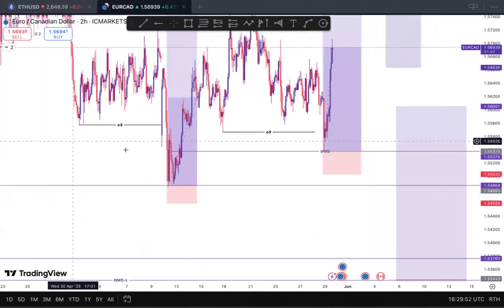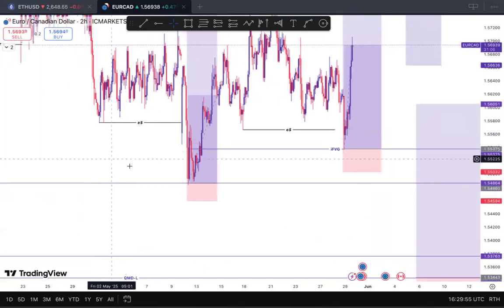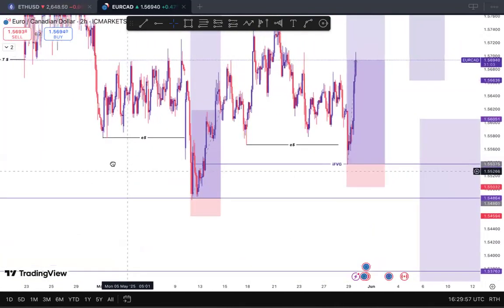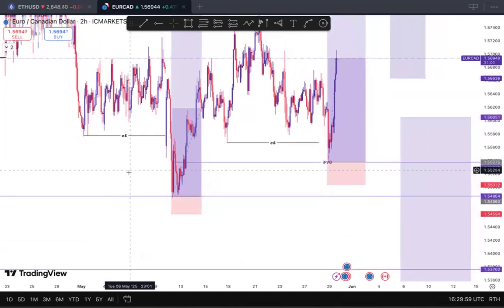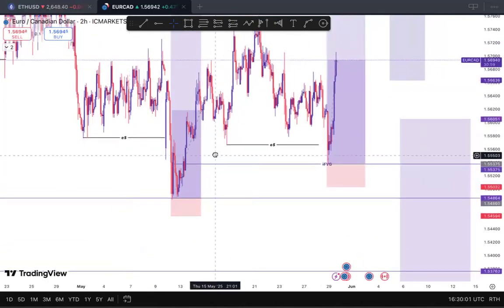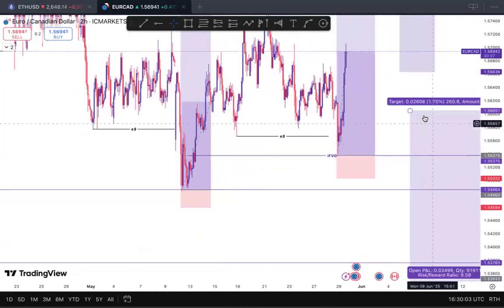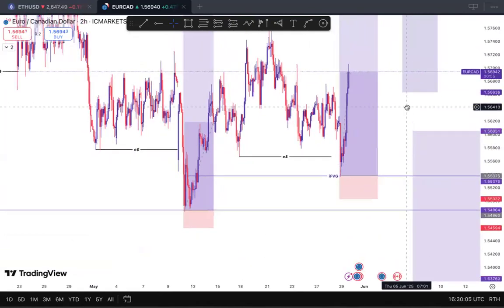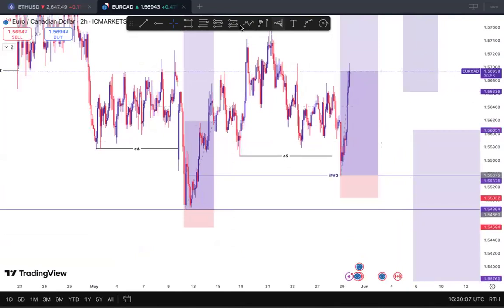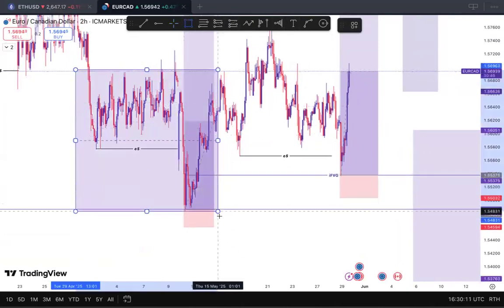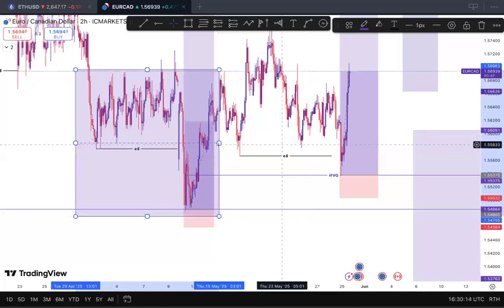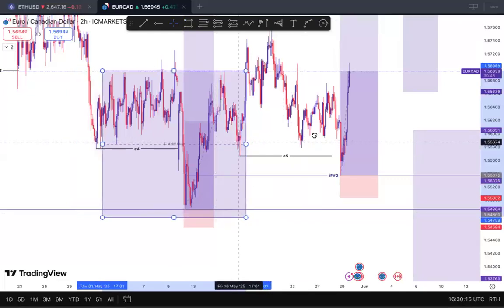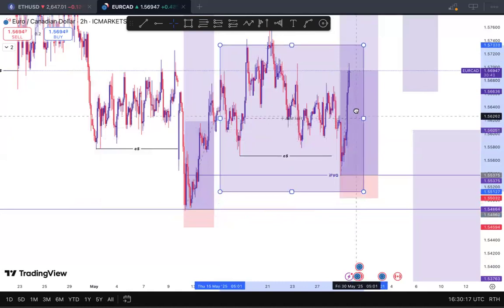We can see what price is doing here. So let's forget about these points. I just want you to look at this other side. This is where we're going to be looking.